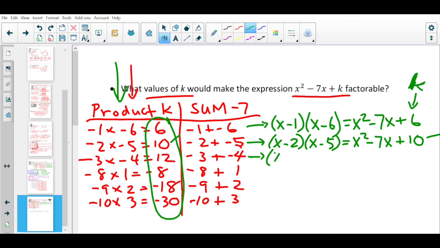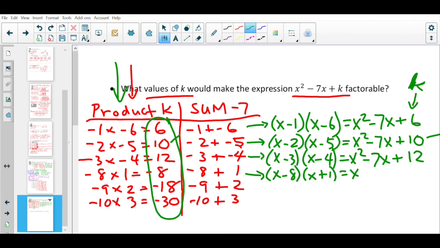Okay, and so on. x minus 3 times x minus 4 equals x squared minus 7x plus 12. Here's the one where it's a negative and a positive value. That's x minus 8 times x plus 1. That equals x squared minus 7x minus 8. And there's your k value of minus 8 and minus 8.